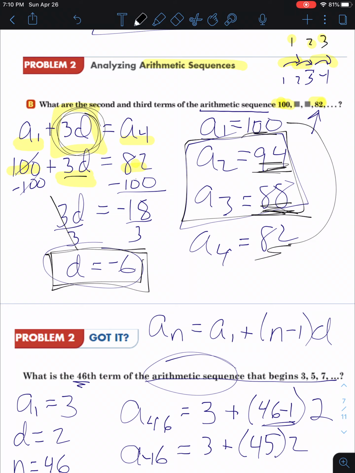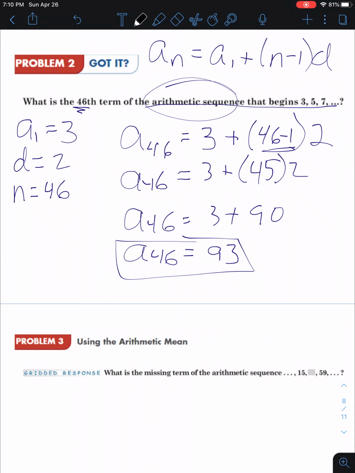I wanted to also look at this next slide, again starting with this formula: A sub n equals A sub 1, the first term, plus n, the number of the term, minus 1, times the common difference. On this one we were looking for the 46th term. Again, it's called an arithmetic sequence, and that's how I know I can use this formula. The first term was 3. If you took the second term and the first term, 5 minus 3 gives me 2, so my common difference is 2.